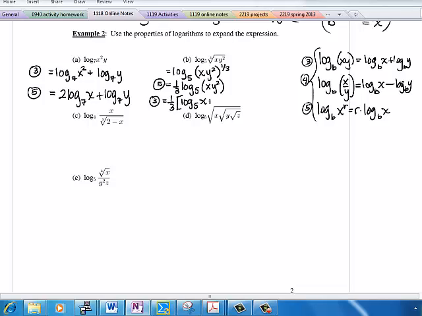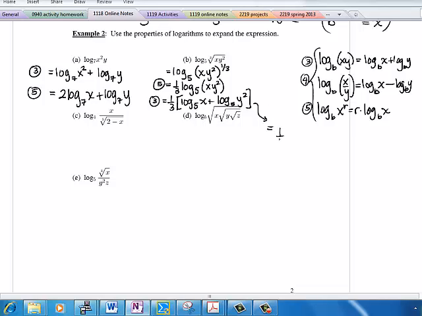but the 1/3 needs to be times the whole thing. So we would want to put parentheses like that. 1/3 times the log base 5 of x plus log base 5 of y squared, 1/3 times that whole group. And then finally, we'll use property 5 one more time because we don't want the input to be y squared on the second term.